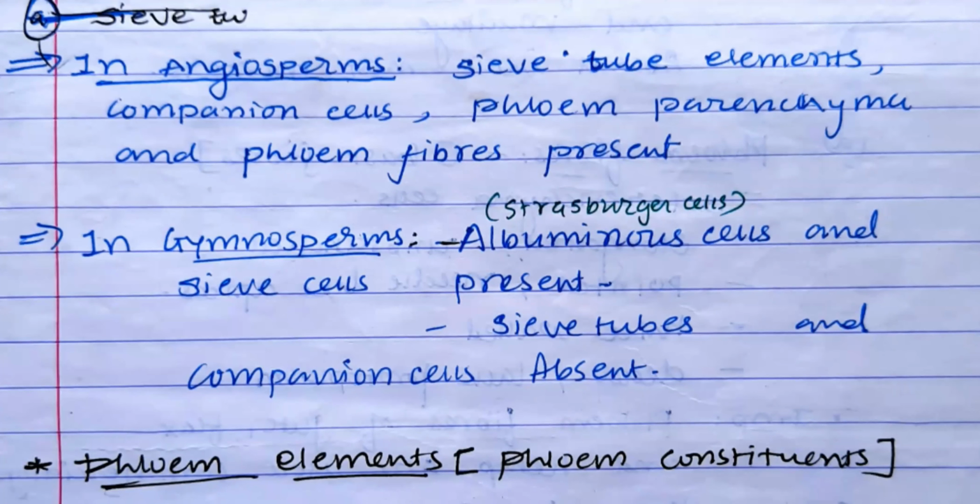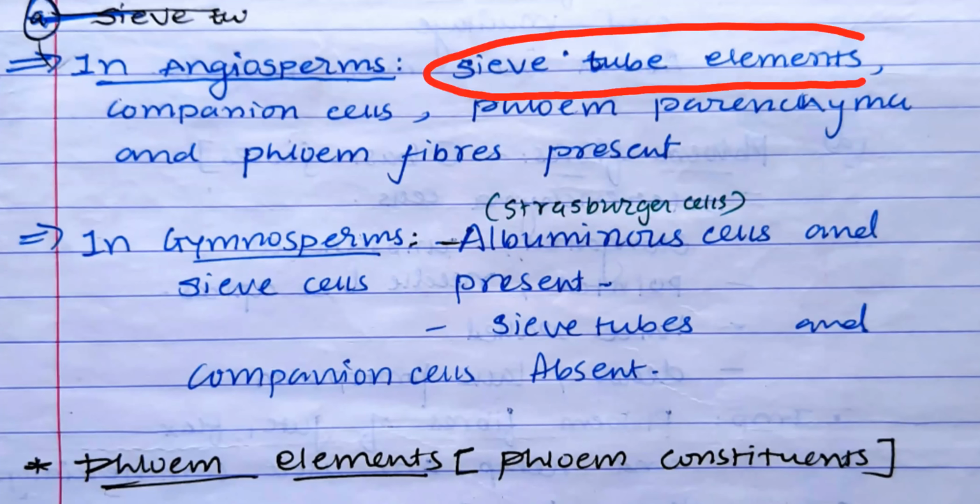I repeat, sieve tube elements, companion cells, phloem parenchyma, and phloem fibers. Actually, the main conductivity is carried out by the sieve tube elements, assisted by companion cells, whereas parenchyma and sclerenchyma fibers, which are part of phloem, serve some other additional functions. So they are also part of phloem only.